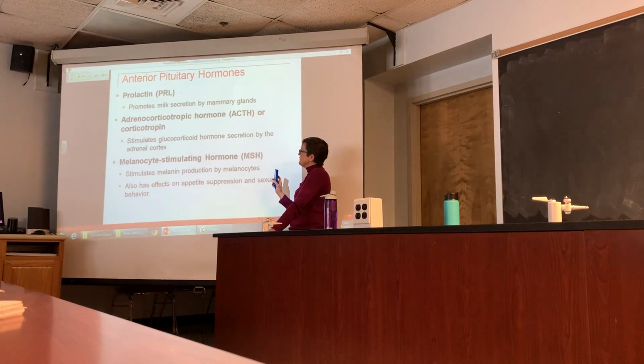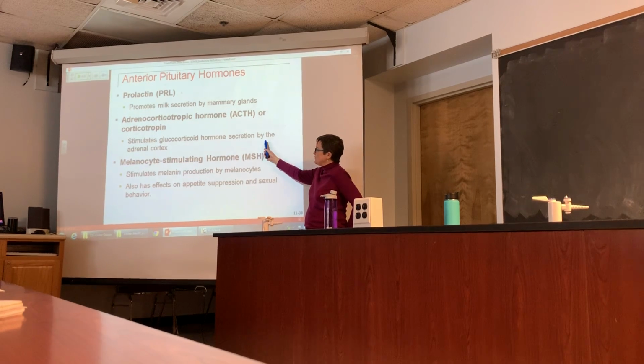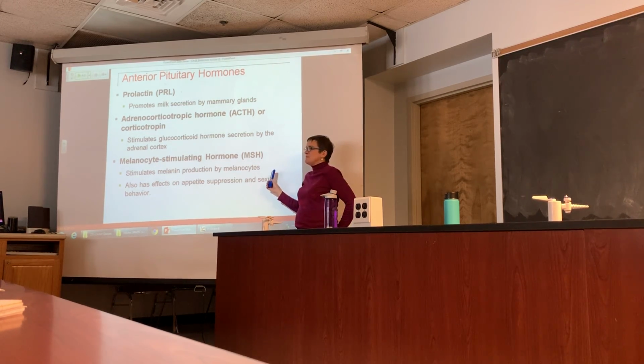Prolactin, I just mentioned before, stimulates milk production by mammary glands. It's controlled by releasing and inhibitory hormones from the hypothalamus. ACTH stimulates hormone secretion by the adrenal cortex. We'll come back to that when we get to the adrenal glands. And then there's melanocyte stimulating hormone, MSH. This stimulates melanin production by melanocytes.